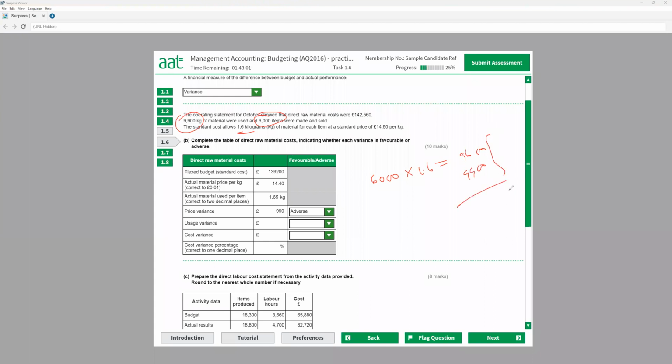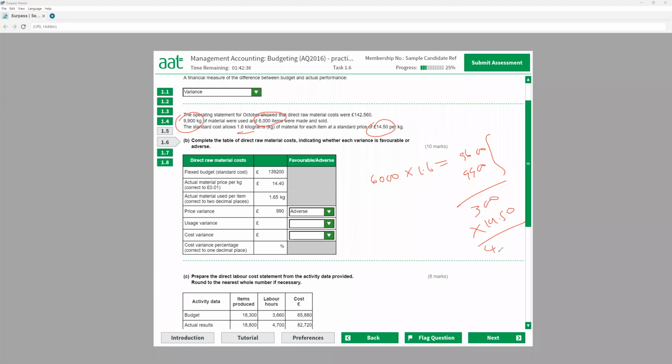So that's the difference. 9,600 minus 9,900 is 300 kilo. I have used more than the plan. And the standard price per kilo is 14.50. Remember, always multiply with the standard 14.5.